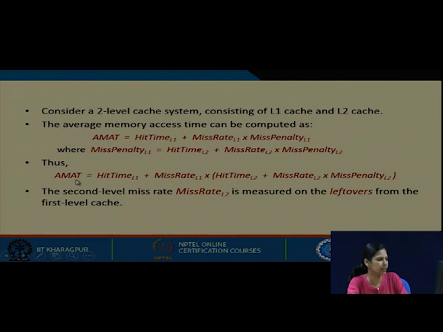Thus, we put this miss penalty of L1 in here, and we get this particular equation. The second level miss rate, that is miss rate of L2, is measured on the leftovers from the first level cache.